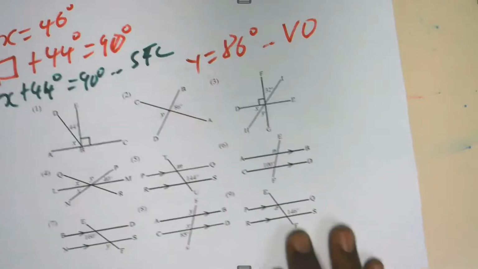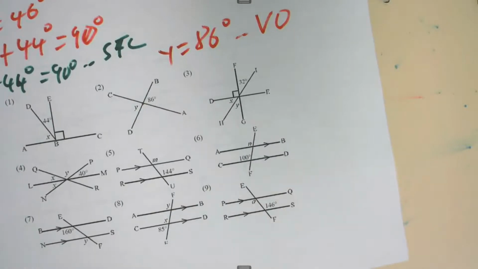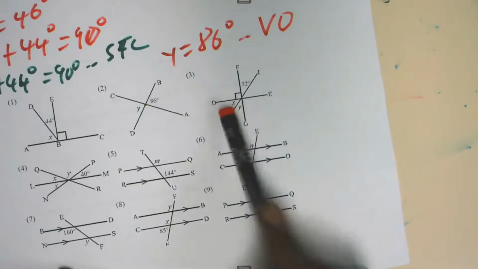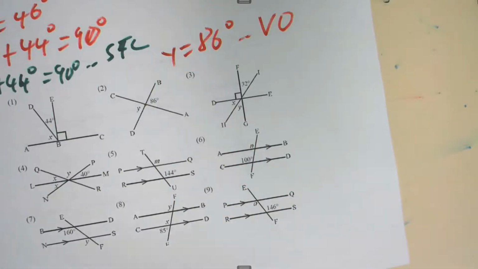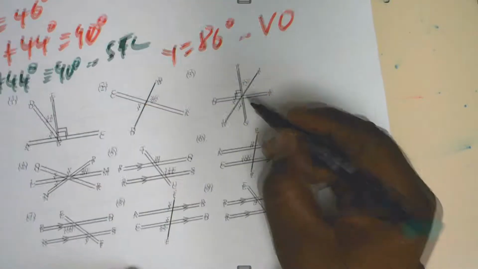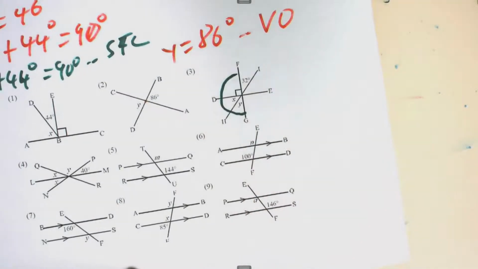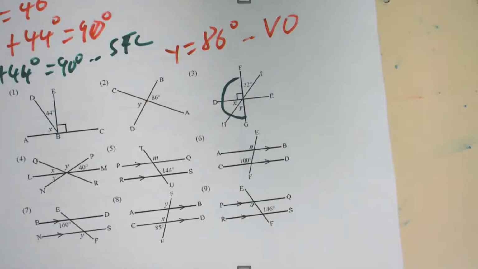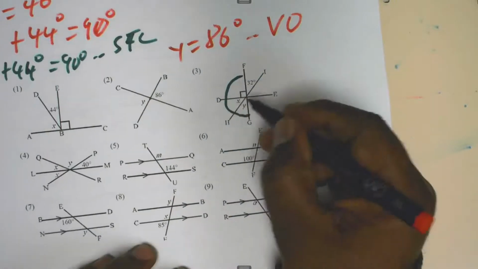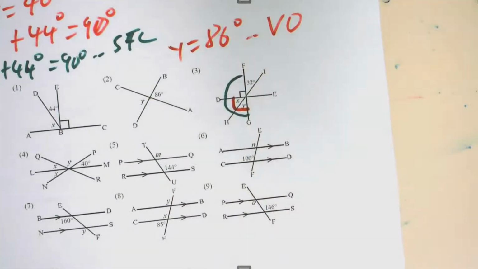And let's look at question 3. What is the relationship of y with x? Look at it. Your straight line. If that is a straight line, and this is 90, this is also 90.